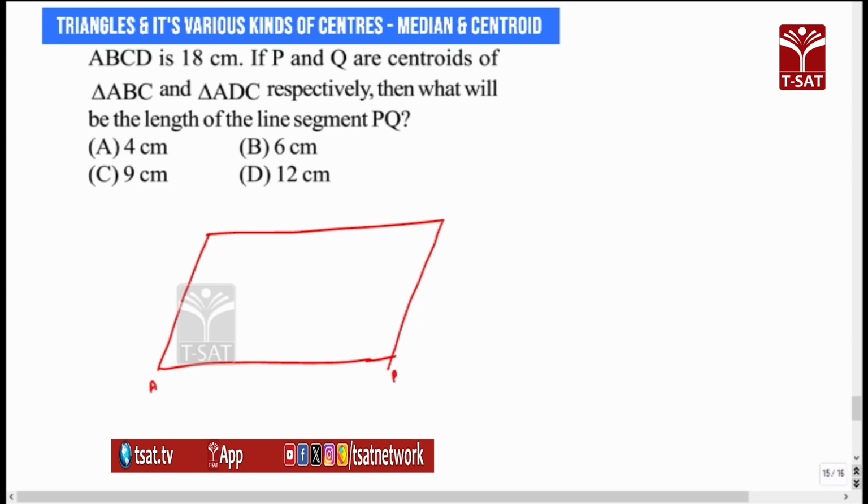Here are the vertices A, B, C, D. So, length of BD is 18 centimeters and P and Q are the centroids of ABC and ADC.